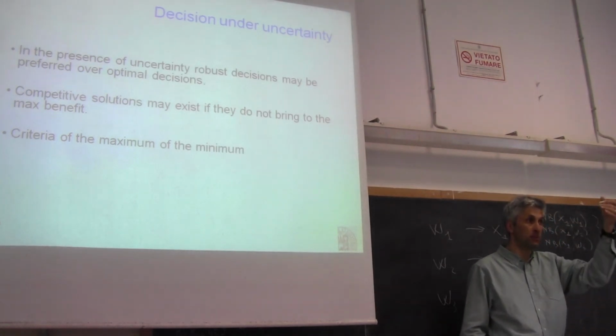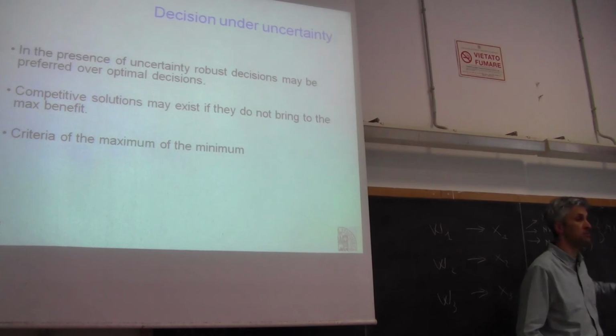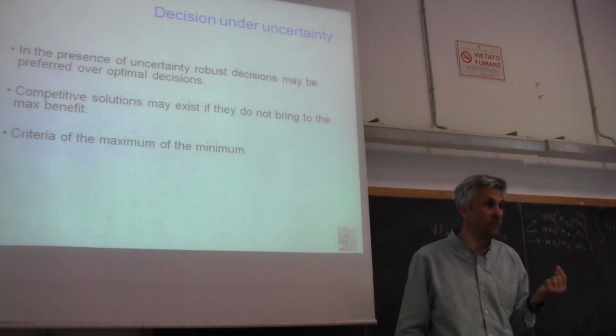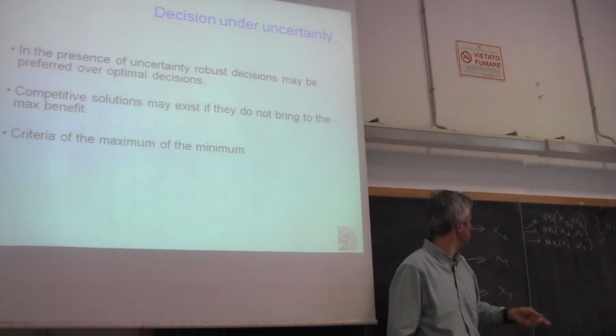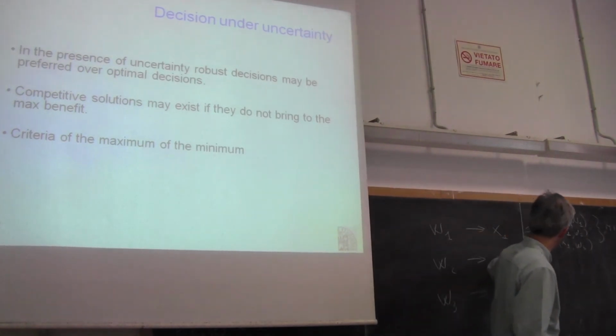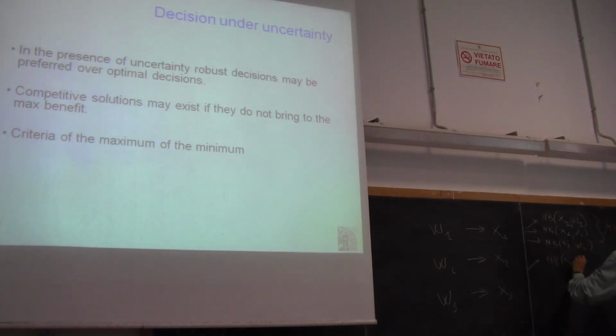So, given that I have three possible outcomes for the benefit, if I want to be very prudent, let me compute the minimum. Because I'm sure that at least I have this amount of money available at the end of the story. But x1 is just one possibility. Now let me explore x2. Again, for x2, I have three possible benefits: NB x2 W1, then NB x2 W2, and then NB x2 W3.